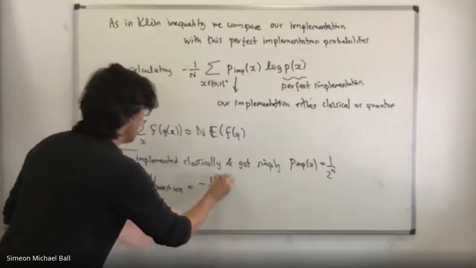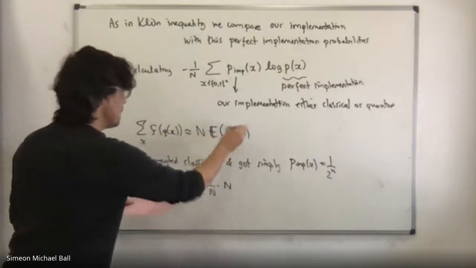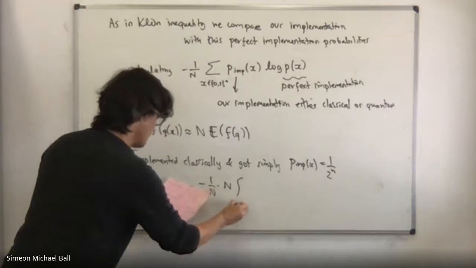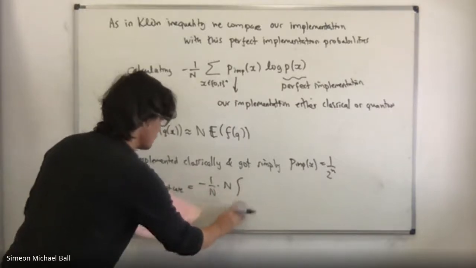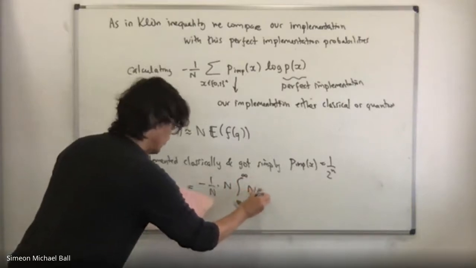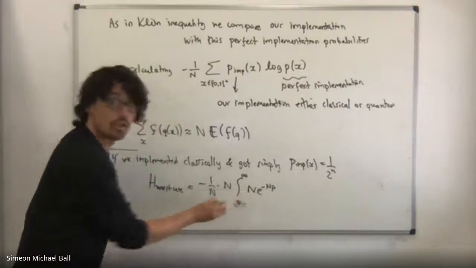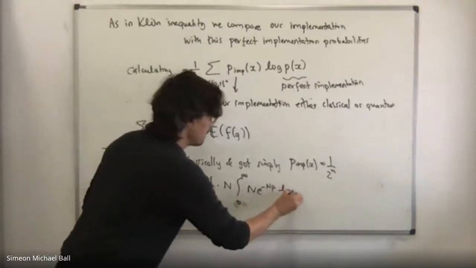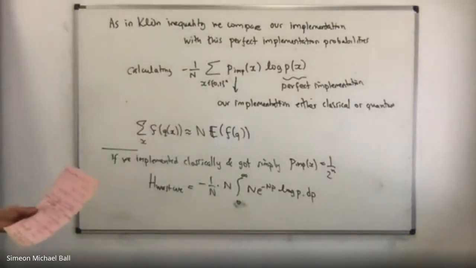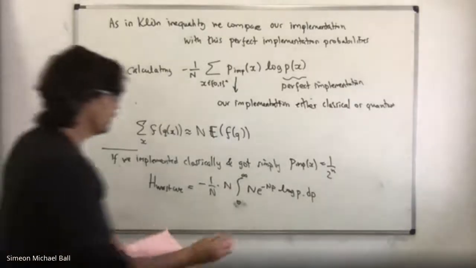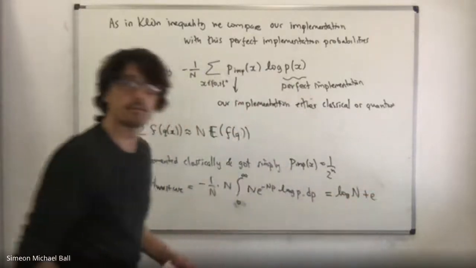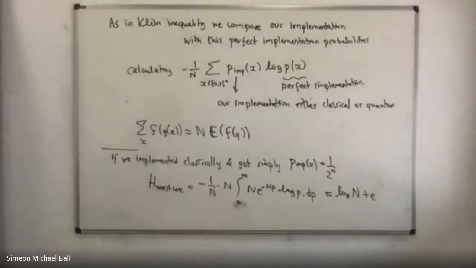Then we get the n from here, and now we can just do the expectation of the logarithm, which is the density function times the logarithm of p. Okay, so you calculate this, and in the worst case, this turns out to be log n plus e. That's our e, 2.71828.